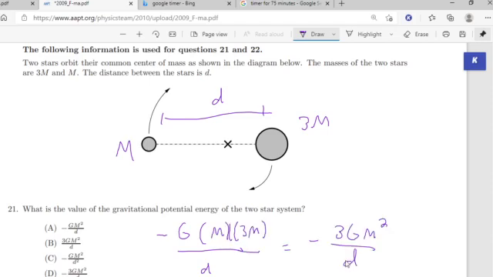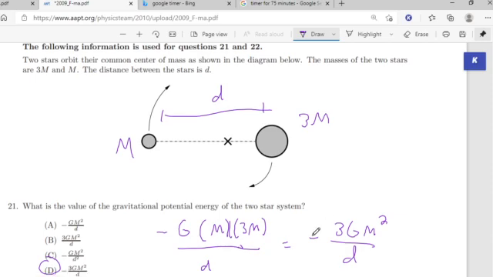I don't know, it just seems something doesn't feel right. It seems too easy, so I'm wondering if I should consider the center of mass or not. Okay, I'll just leave this as my answer.